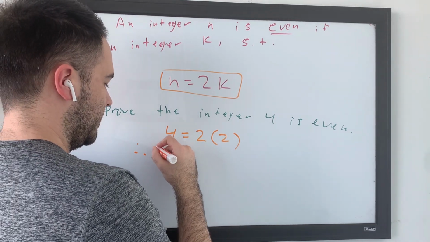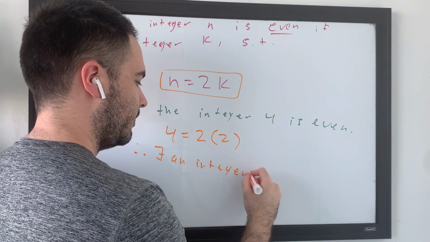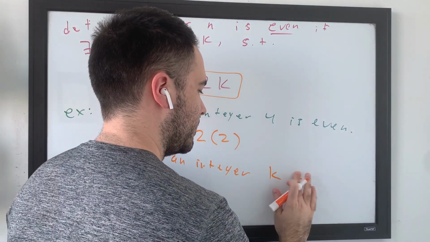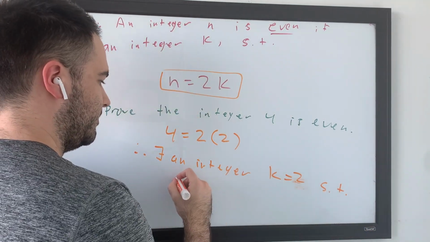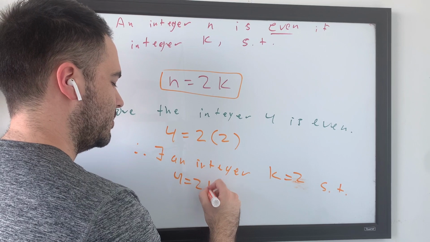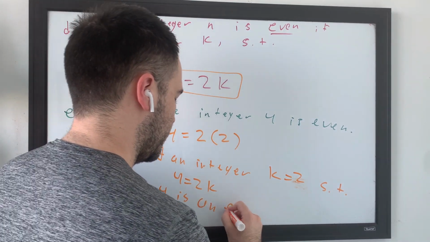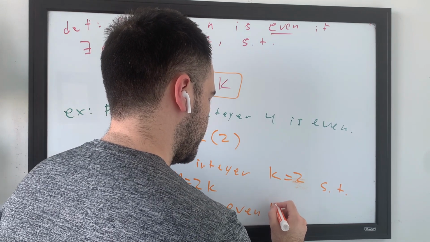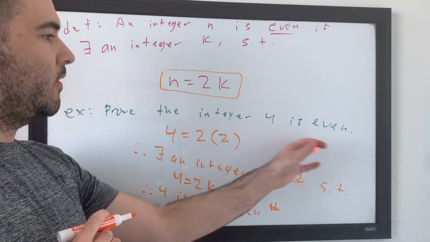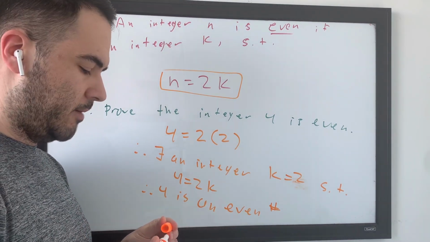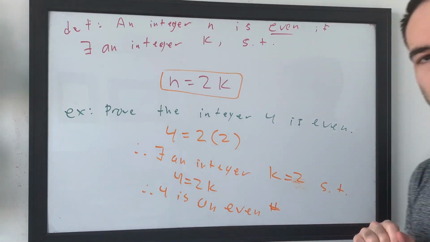Therefore, there exists an integer k, we will say here k is equal to 2, such that 4 is equal to 2 times k. Therefore, 4 is an even number. Again, proving that 4 is even is a very straightforward example, but it gives us an early look into how we're going to handle the future questions today.